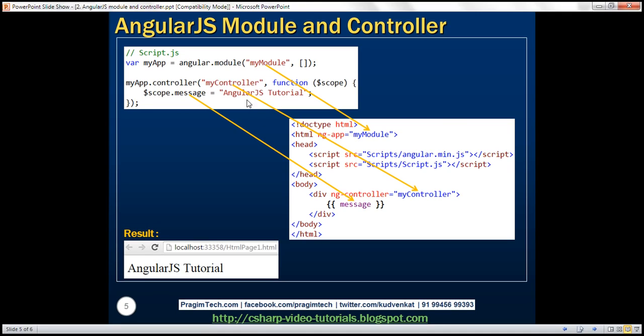And then the controller is associated using the ng-controller directive. And then we are using the data binding expression. So to the context object, to the scope object, we are attaching the message property. The message property has got this value, and using this binding expression, we are reading the value of that message property from the scope object. So when we view that page in the browser, we should see the value we have in the message property of the scope object.